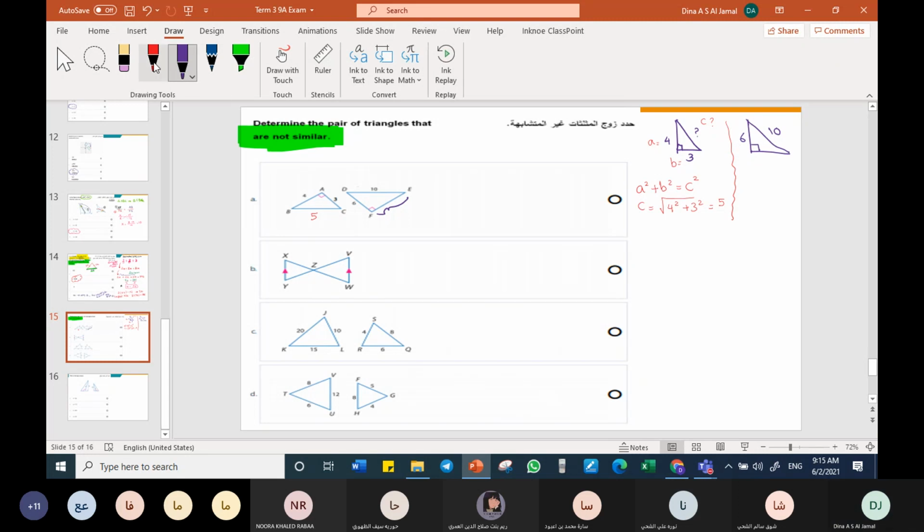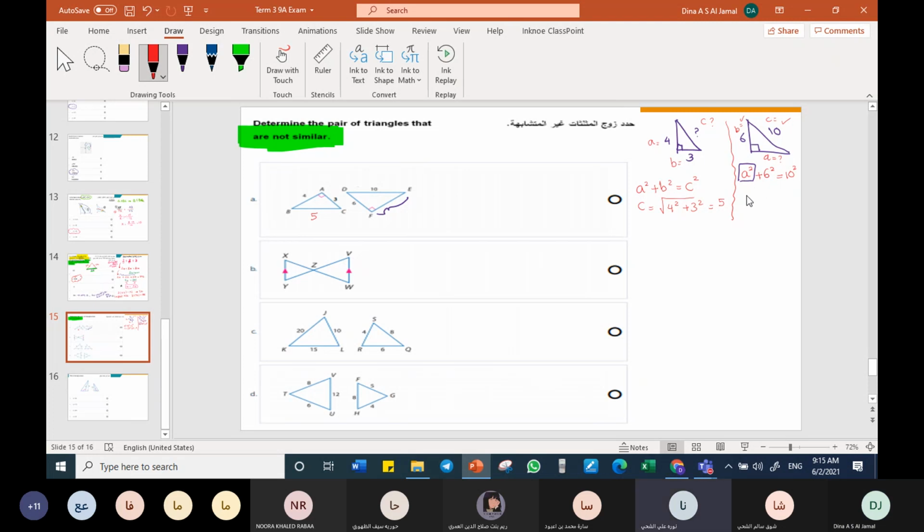So you will be substituting. I'm missing one of the sides. So A is missing. B is given. C is given. A squared plus 6 squared equal to 10 squared. Excellent. Now how can I make A squared alone? Consider it as an equation.